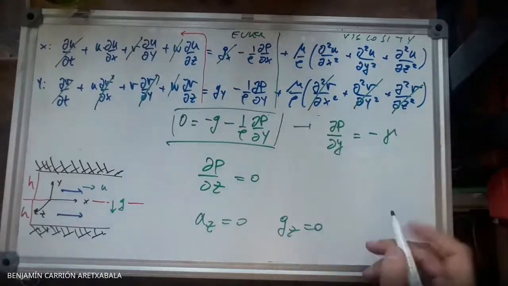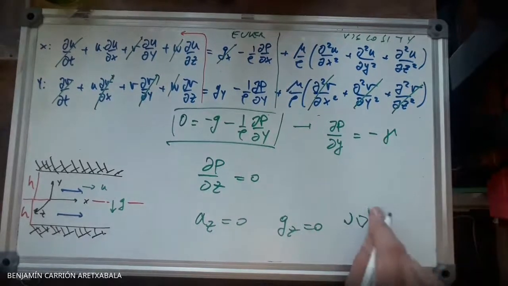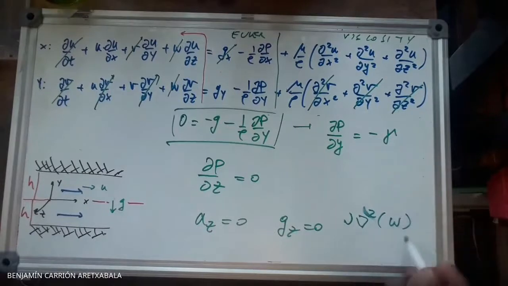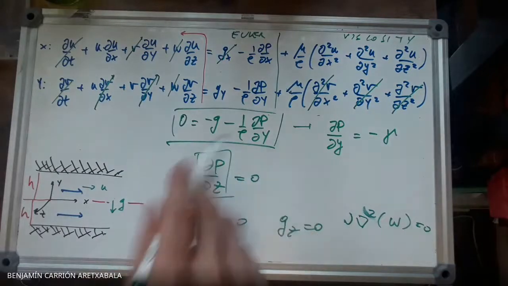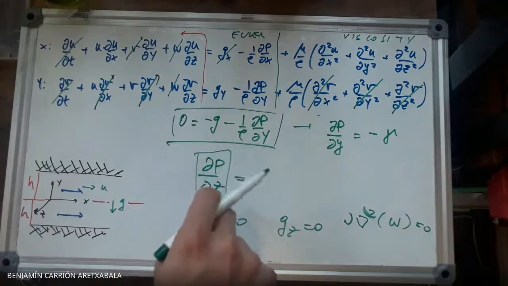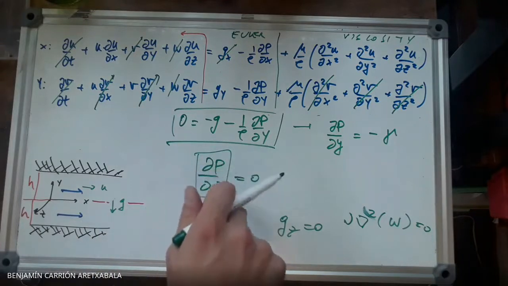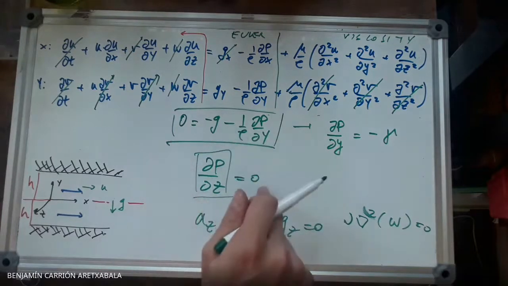And this whole bunch here, nu nabla squared over w, is also 0 because w is also 0. So the only term that you don't know a priori is dp over dz, but it's the only one you've got left, so it has to be 0.